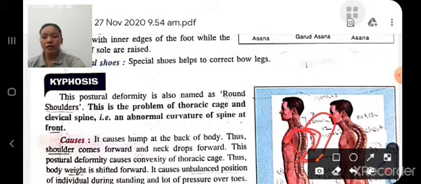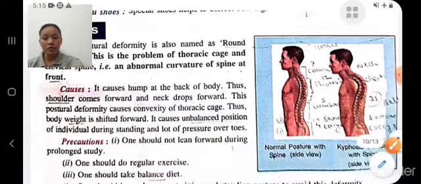This is the problem of the thoracic cage and cervical spine, an abnormal curvature of the spine, where the spine bends forward. Therefore, it is also known as round shoulders.